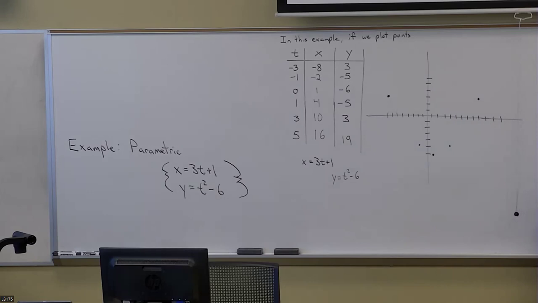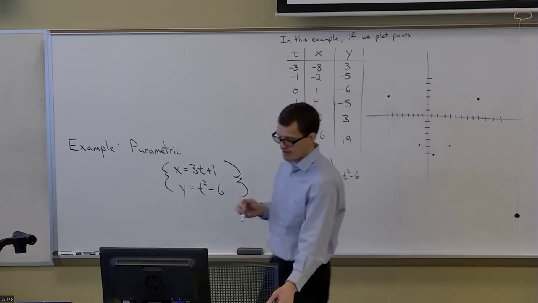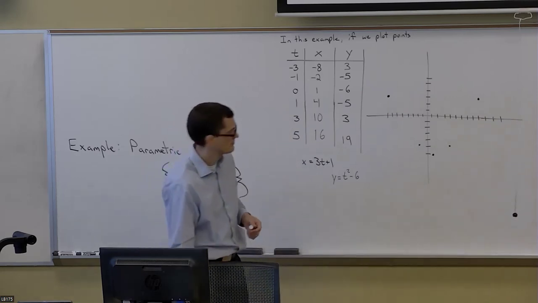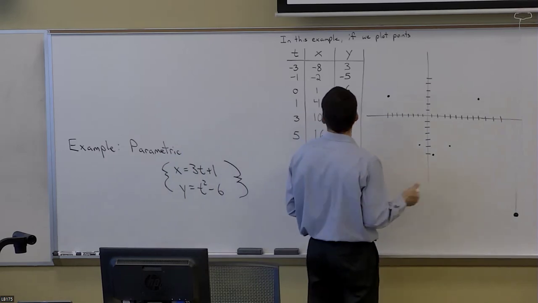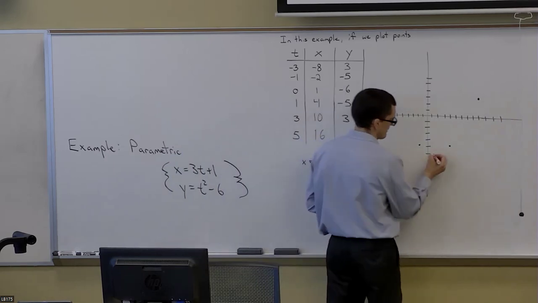Now, if you came up with other points, which you could, just use different t values, right? Just use lots and lots of different t values. What you would end up seeing is that this graph is actually a parabola whose vertex is 1, -6.